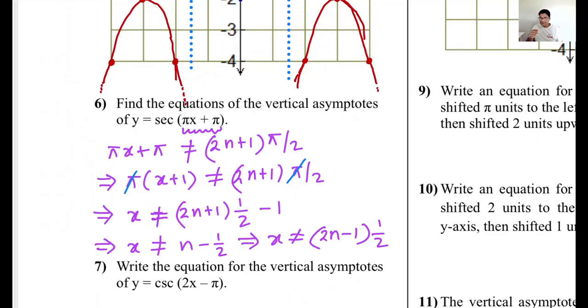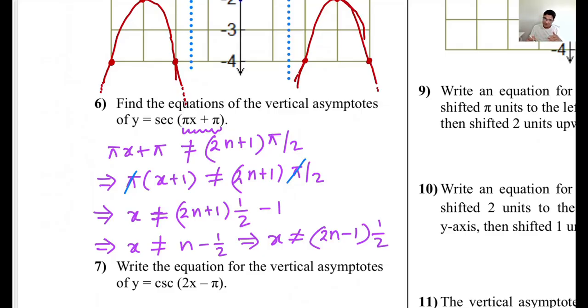Okay, so that will be like 0.5, 1.5, 2.5, and so on. And whatever this 2n minus 1 is, it is still an odd number. Okay, the general expression for an odd number could be 2n plus 1 or 2n minus 1. Both of them will be odd.